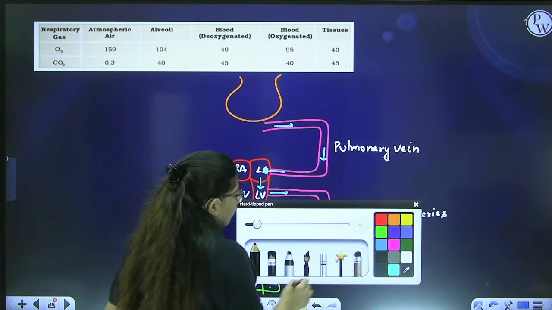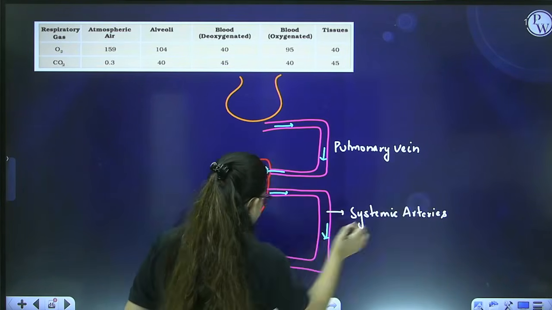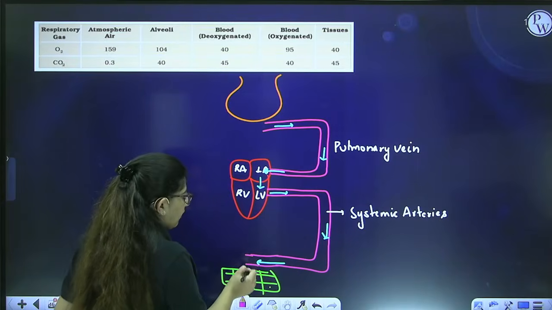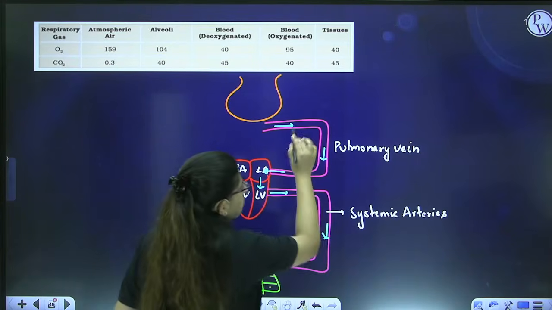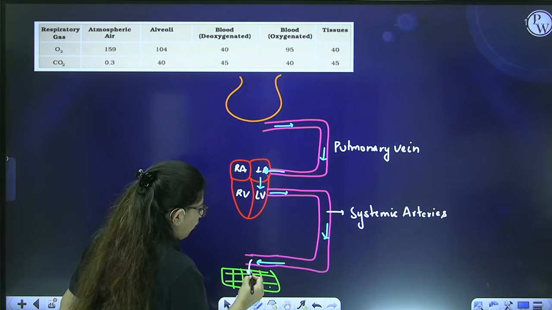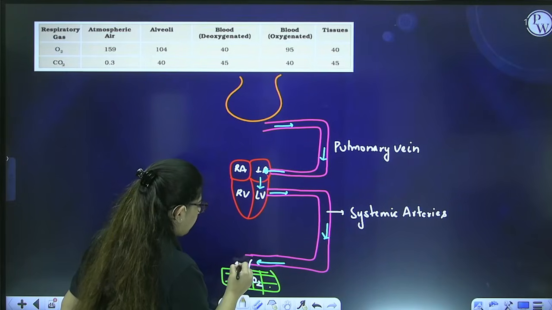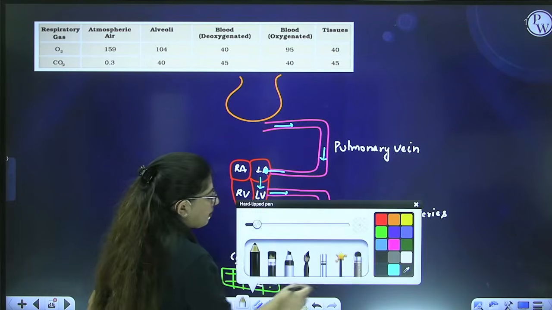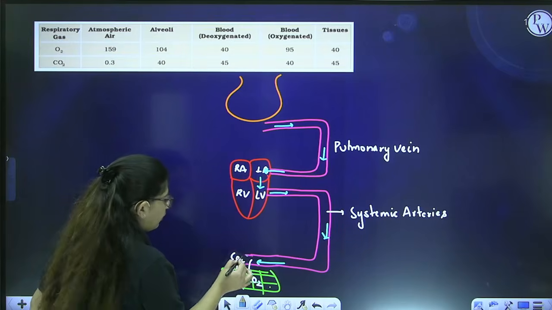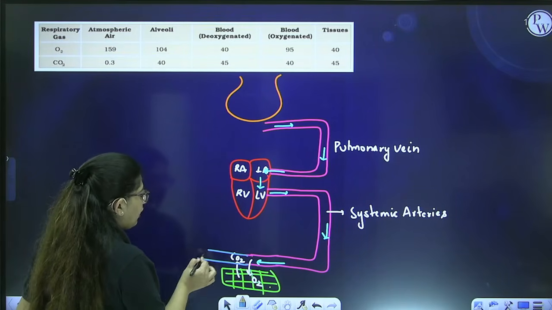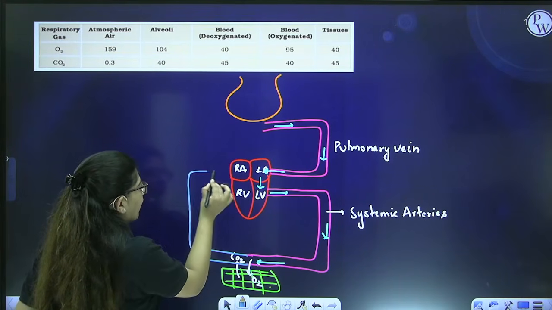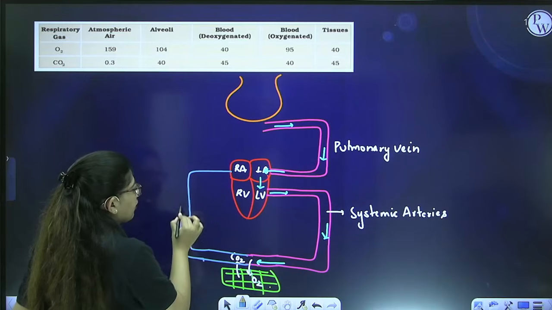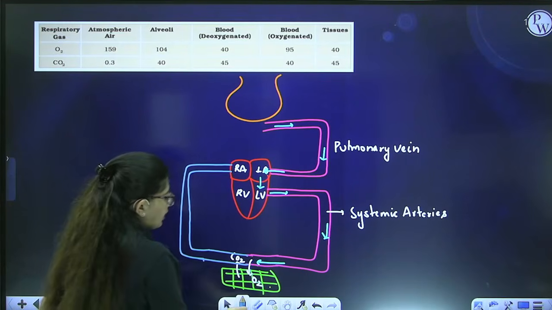All right, now once this blood has given the oxygen, because it is carrying the oxygen, it will give oxygen to the tissues and pick up the CO2. Once it has picked up the CO2, the blood becomes deoxygenated and enters the systemic veins. Which veins, guys? Systemic veins.